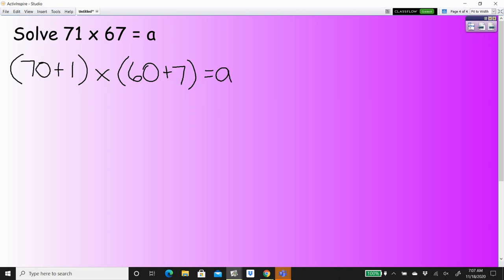That is step 1. Step 2, distribute all the factors on the left to all the factors on the right.